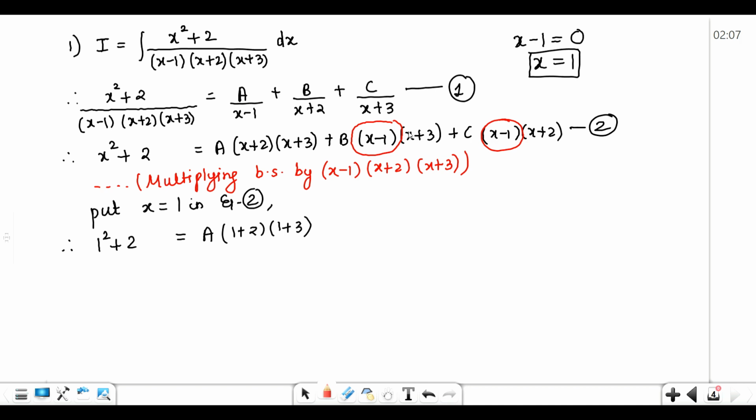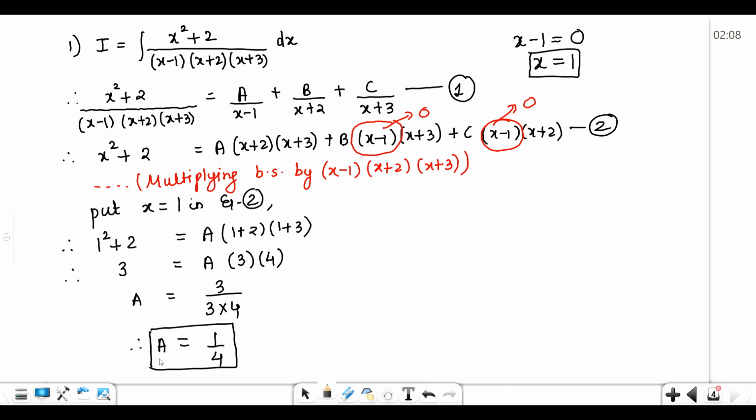So both of these terms are 0, and 0 multiplied by b, 0 multiplied by c will give you 0. So you don't need to write that b and c. You can just skip this part. So this will give you 3 and this will give you 3 times 4. So a will be equal to 3 upon 3 multiplied by 4, which is 1 upon 4. This is the value of a that we got.